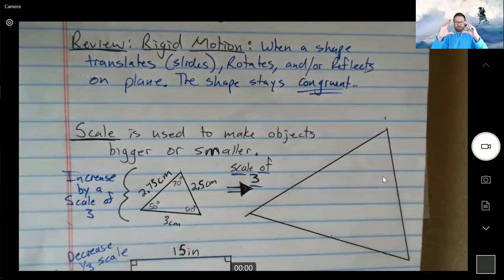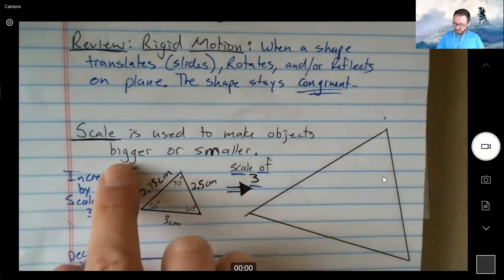It's smaller. And there's always those little models. That is a scaled down version. Everything about it is pretty much the same, except it's just smaller. The dimensions are scaled down. You can take something and scale it up, all right? So I like to think about it like shrinking or going bigger, right? Scale is used to make objects bigger or smaller.